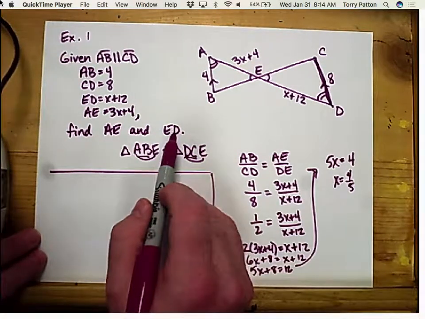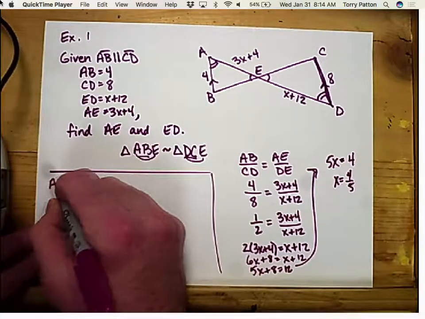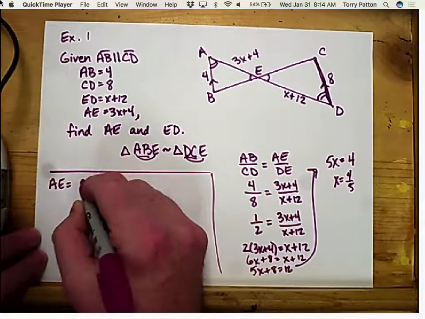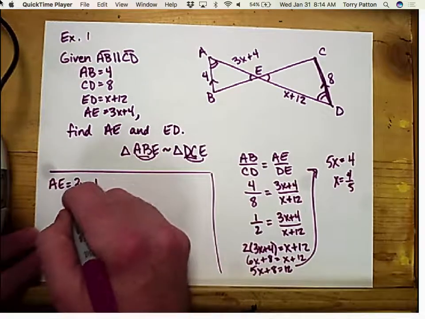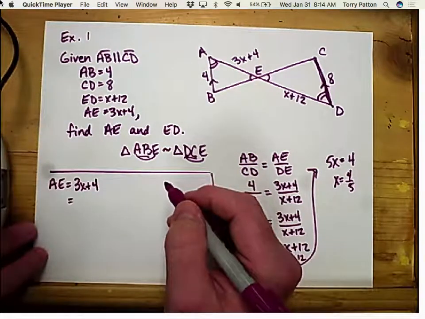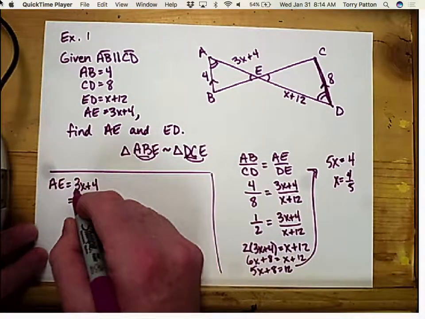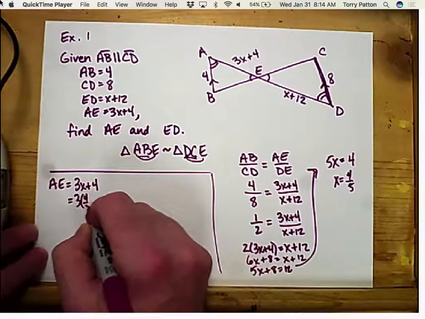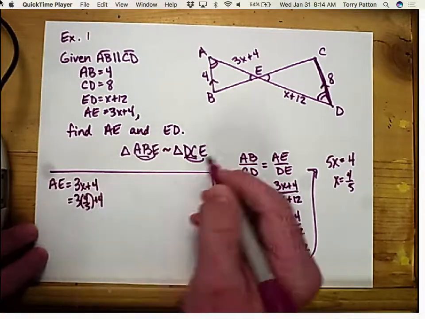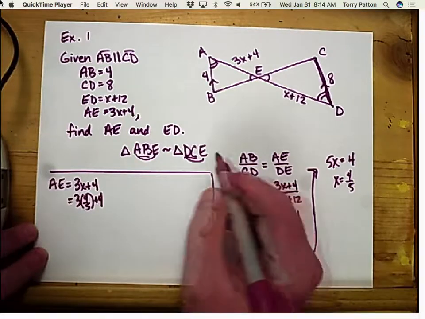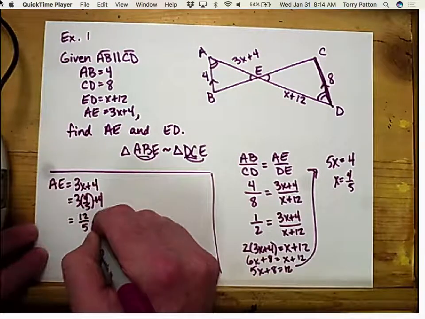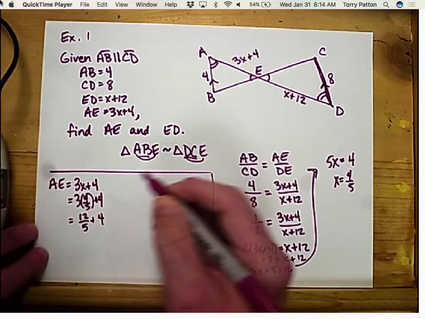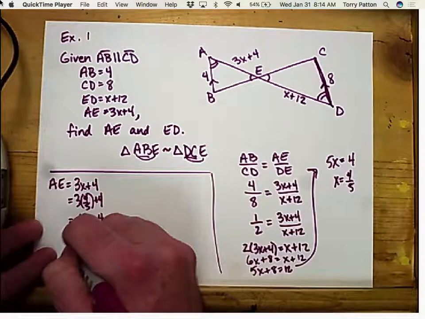They asked for AE and ED. So AE is 3x plus 4. So that is 3 times 4/5 plus 4, right? Which is 12/5 plus 4. 4 is 20/5.